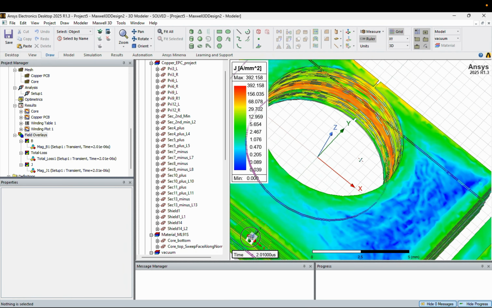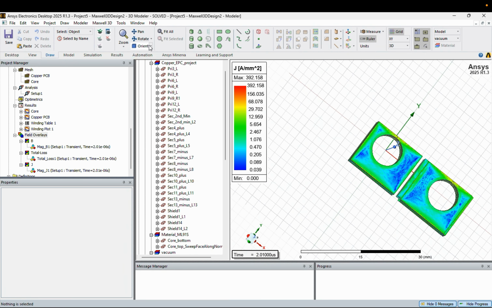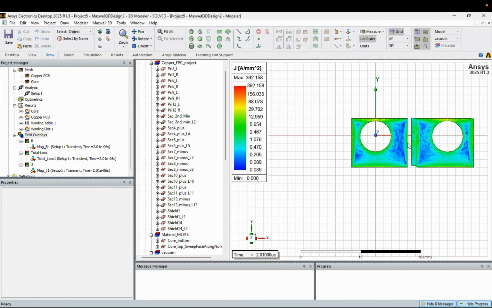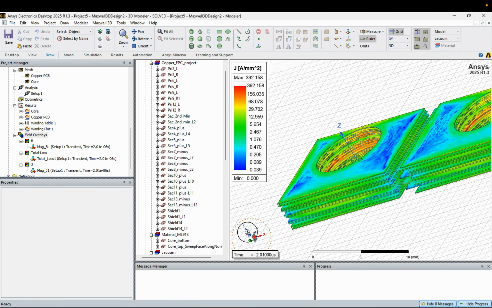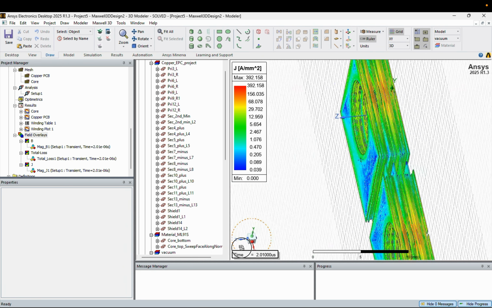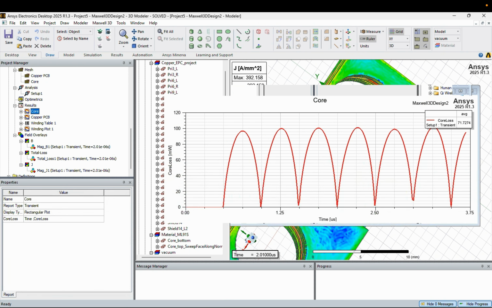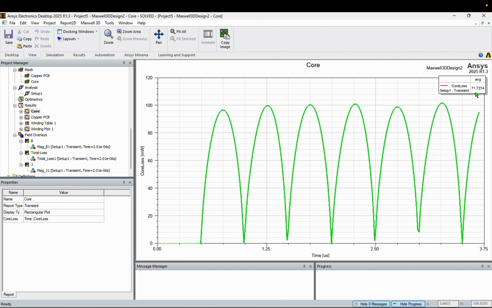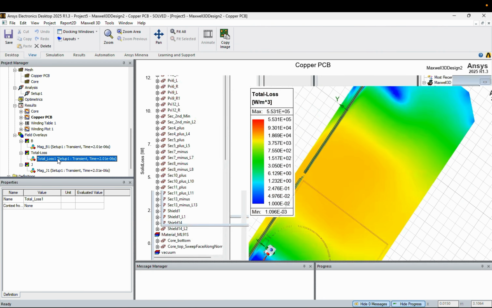And I approximated the way I drew these. It's not 100% accurate, but just for a quick simulation, I had the current density plotted. So this is how it looks, and core loss is 71 milliwatt. Copper loss is 6.63. Only at the center legs is where you have a higher loss.